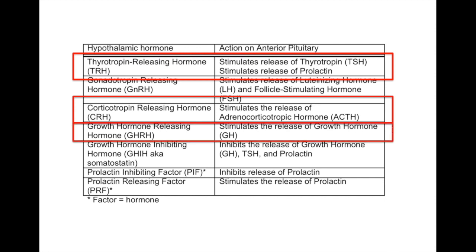You have growth hormone releasing hormone that releases growth hormone, and then somatostatin or growth hormone inhibiting hormone that inhibits the release of growth hormone, TSH, and prolactin. The other hormones here are mainly involved in reproduction, and we're not really going to talk about them in this block.